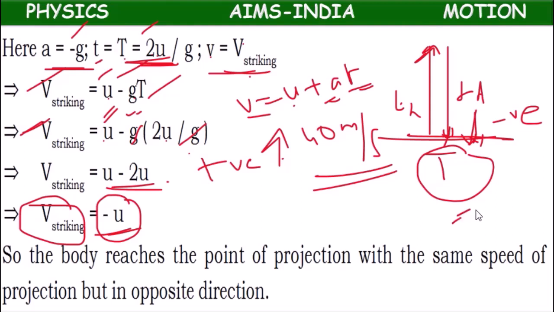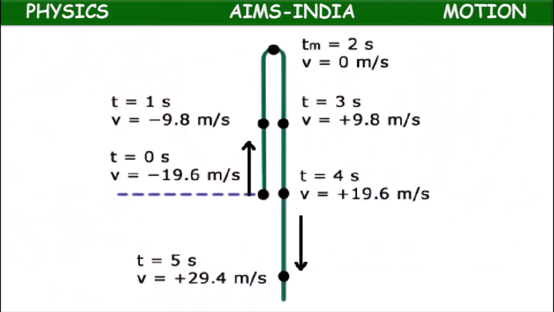Its value is minus 40 meter per second. So with whatever velocity we project the body, with the same velocity it will hit the ground, but in the opposite direction. Okay, children? So next.